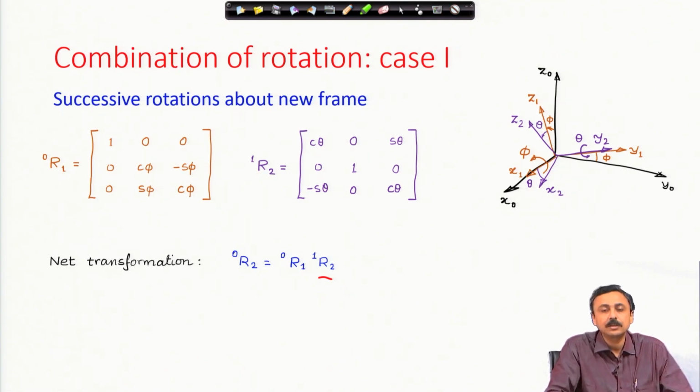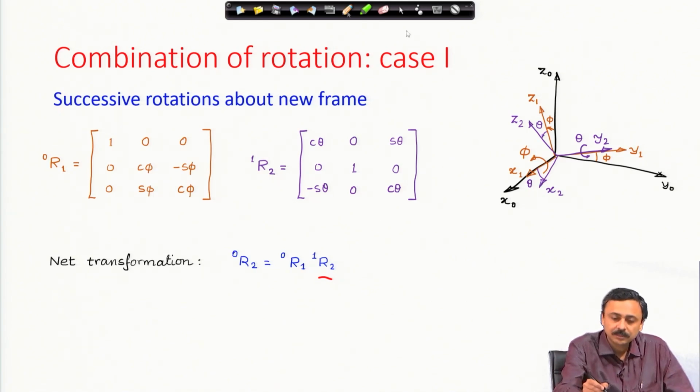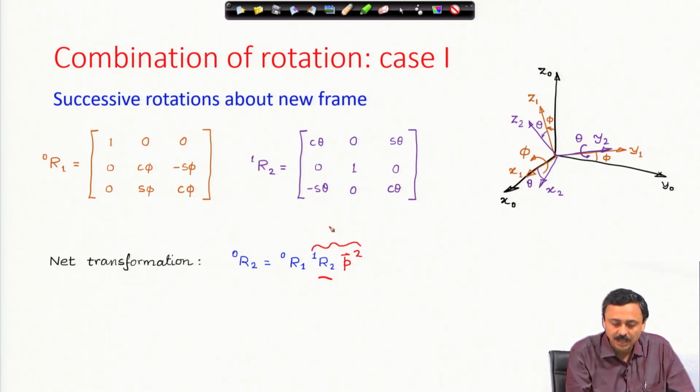If you take a product in this particular order, then when I multiply a vector in frame 2, first I will get the same vector p in frame 1, and further multiplication gives p in frame 0.